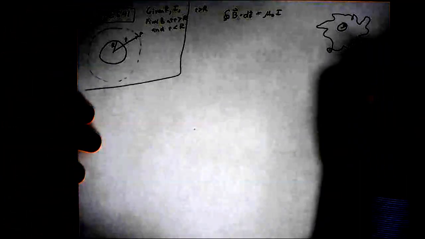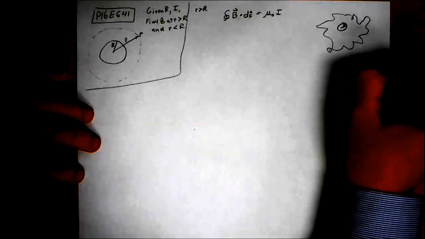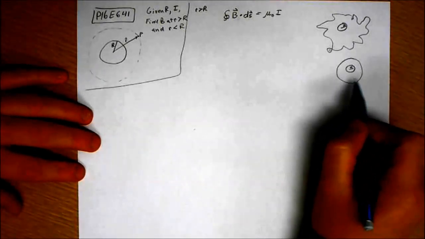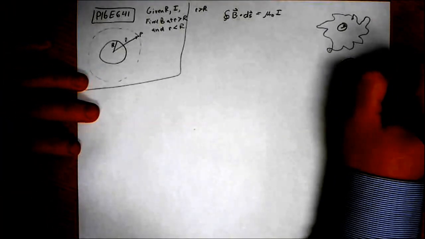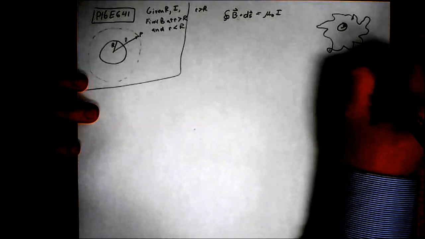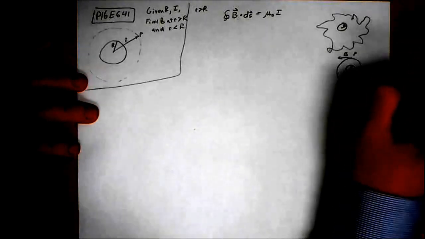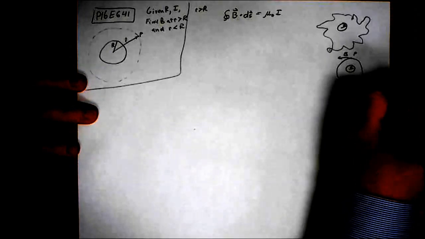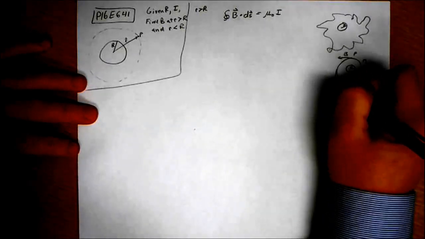Well, if I draw the wire again, let's say I use cylindrical symmetry, because remember this is a 2D projection of a three-dimensional thing. At any point P, the magnetic field is going to be in this direction, right? Because we know already that the magnetic field circles around the current.